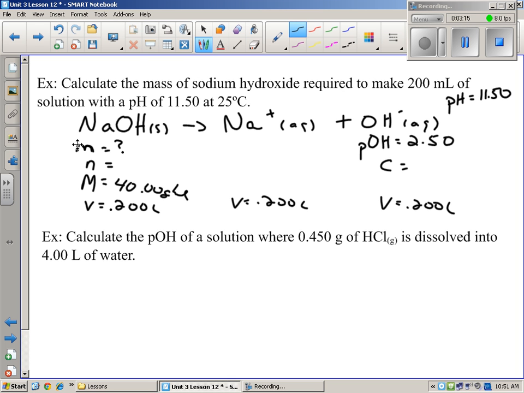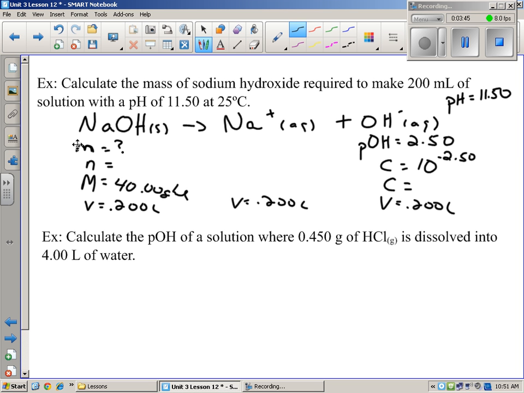And you would say 10 to the negative 2.50 would give me the concentration. 10 to the negative pH or 10 to the negative pOH gives me the concentration, depending on which one we're doing. These are the same formulas, guys, but there's one for pH and one for pOH. They're on the back of your periodic table, so don't forget about these, obviously.